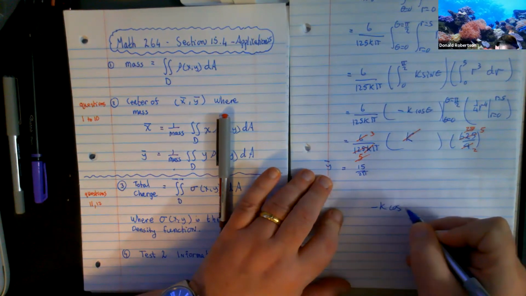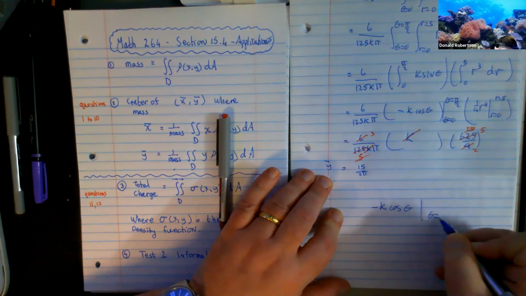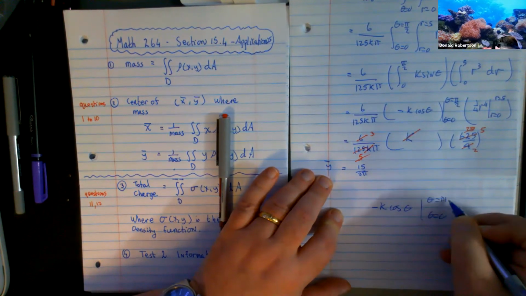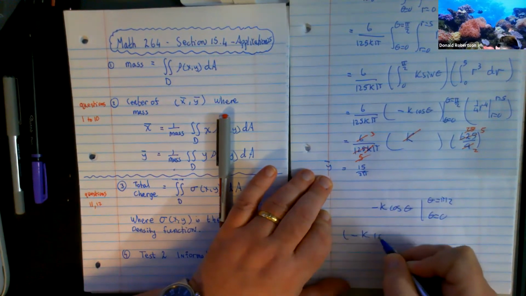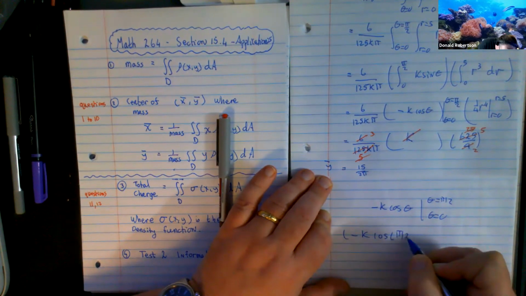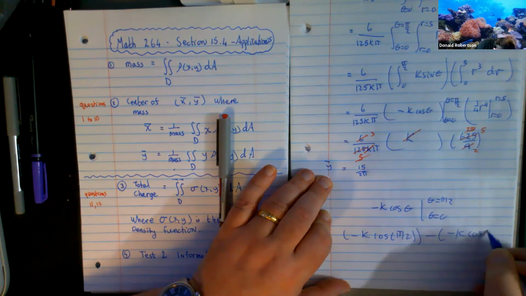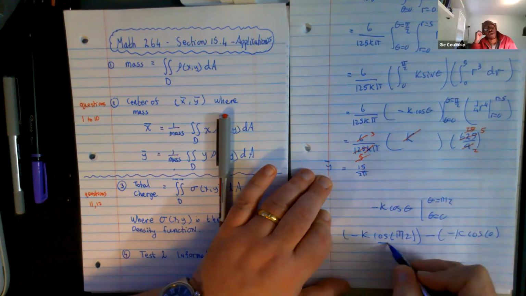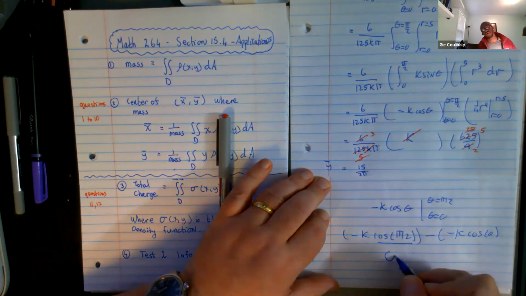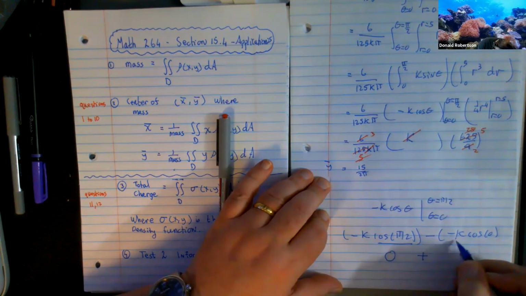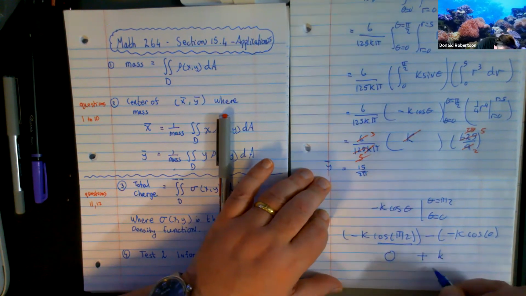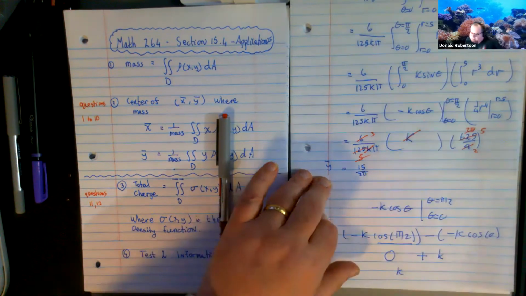I just said it, but let me show you what I did. I did negative the cosine of pi upon 2, take away negative the cosine of 0. The cosine of pi upon 2 is 0. Take away 2 guys, and that's a 1. That's the K that you got. Got it. Yeah. Right.